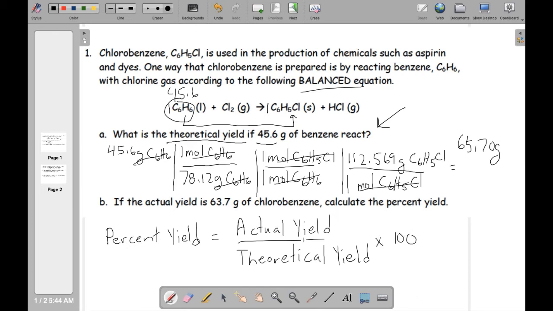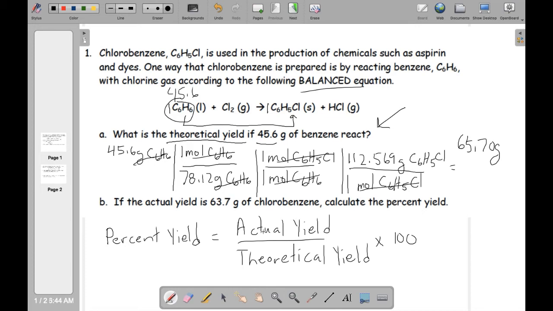So our actual yield, and what the actual yield means is if I do this reaction, if I do this lab, this is what I actually get. They'll normally give this to you. I actually got 63.7 grams.